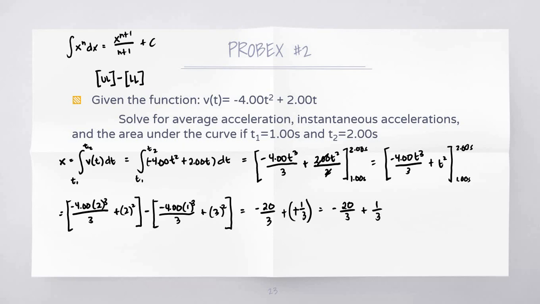After simplifying, we can now obtain the final answer. So x is equal to negative 19 over 3 meters, or approximately negative 6.33 meters. So this is now our final answer.